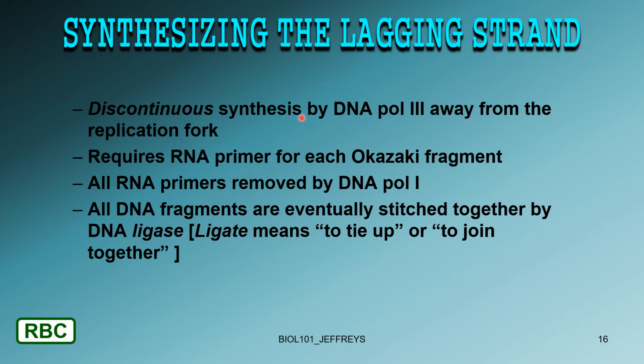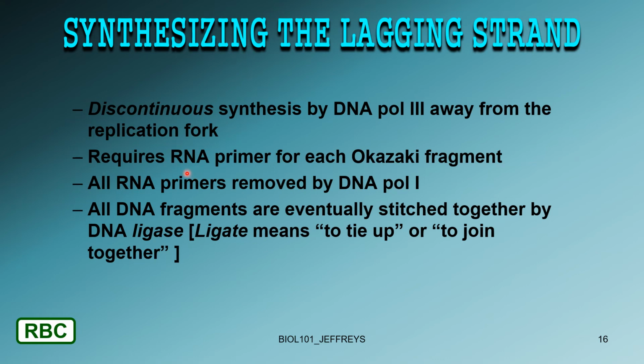Remember, the leading strand is 5' to 3' towards the fork. The lagging strand is 5' to 3' away from the fork, and so polymerase 3 always has to jump back. All right, always has to go back and lay down bases.